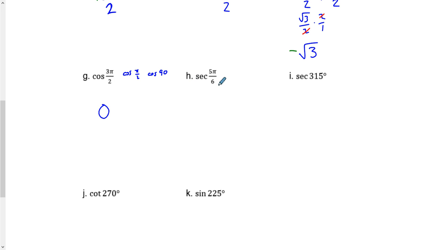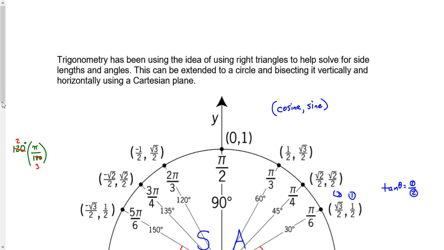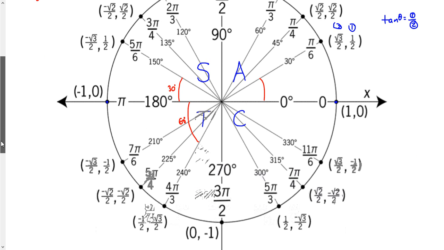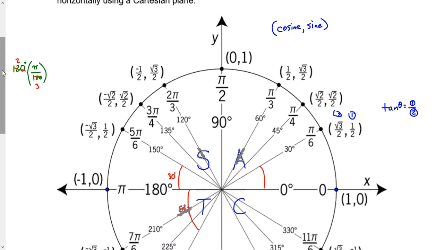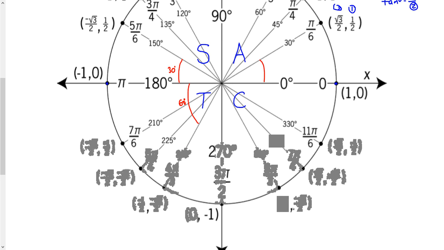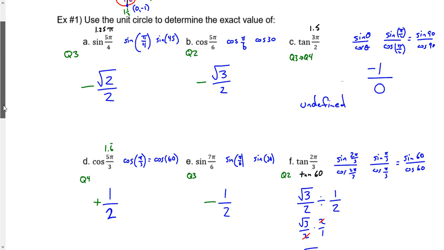Just like on the front page, we had talked about those reciprocal identities. Secant is not one of our values on here. We have our cosine and sine. We can derive tangent, which means we should also be able to derive secant.